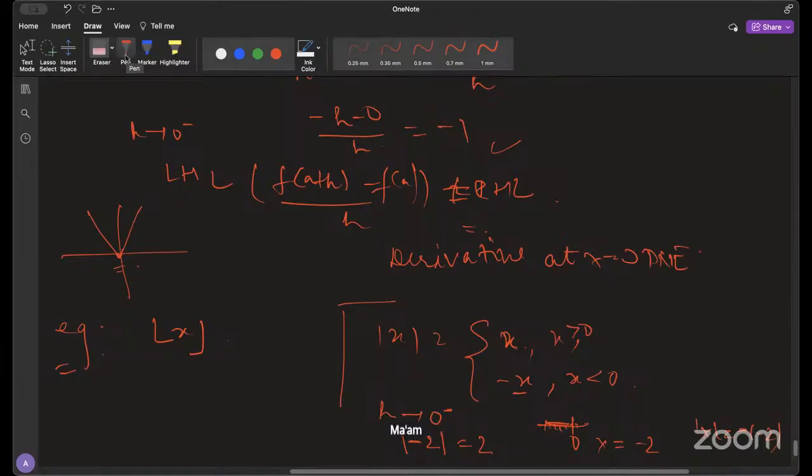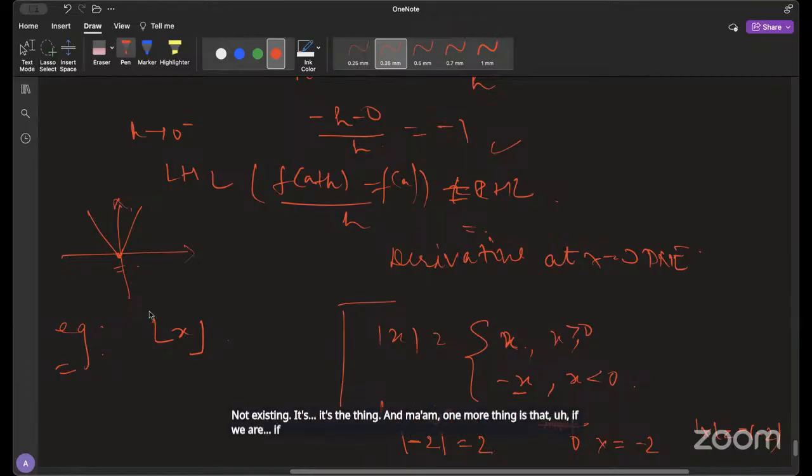Ma'am, here this mod function graph is continuous, but its derivative does not exist. Yes. And ma'am, one more thing: if we can see on the graph that a tangent is not possible at any point, then we can say that its derivative does not exist at that point also.